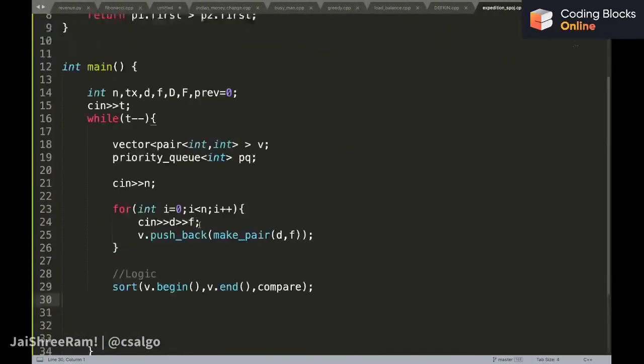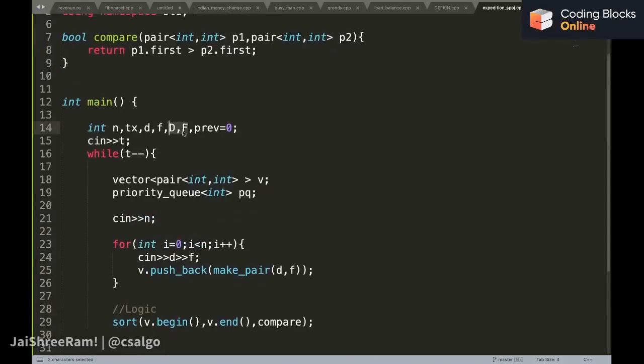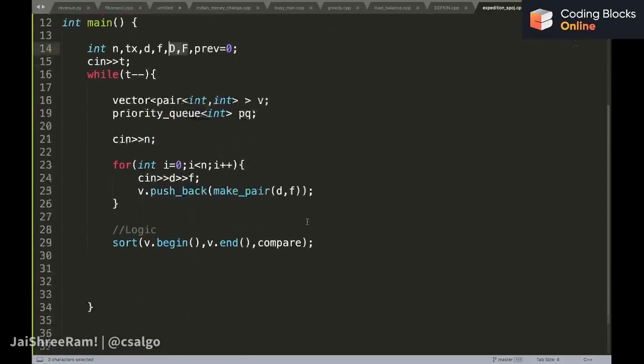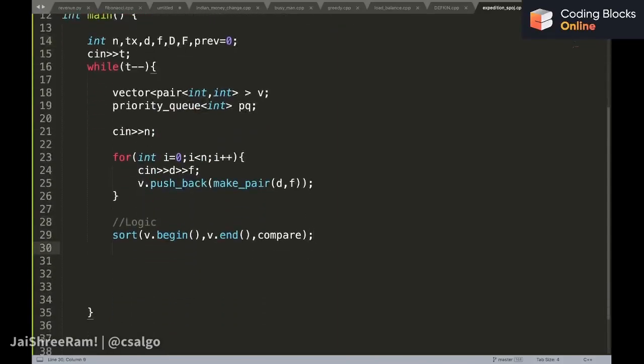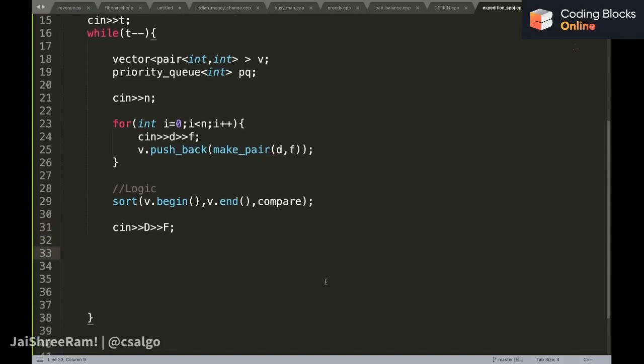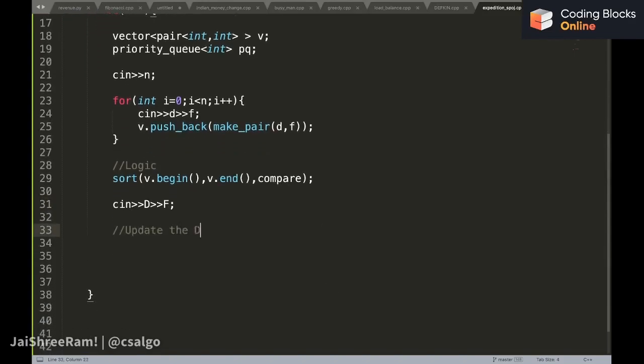So let's call it capital D and capital F. So I will read it, cin capital D and capital F, and also what I need to do is update the distance of the fuel station from the truck.